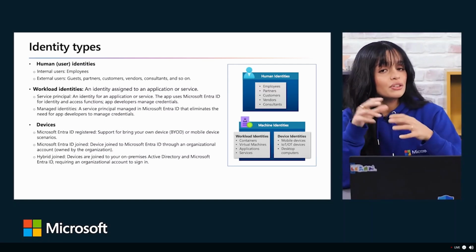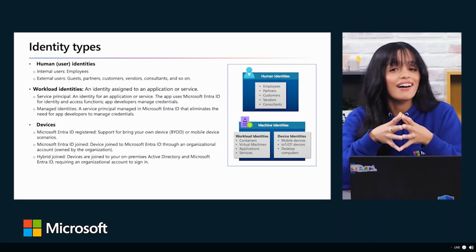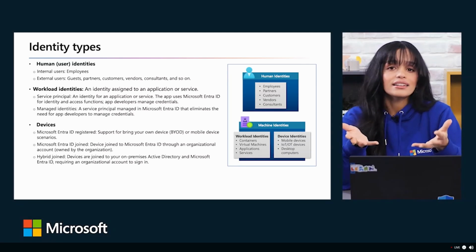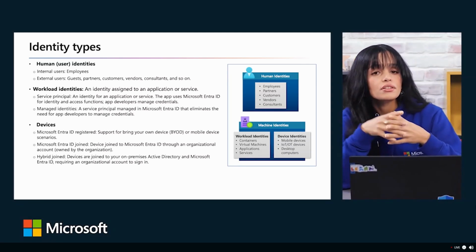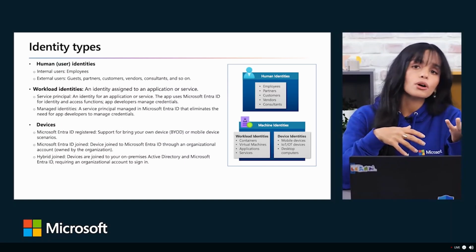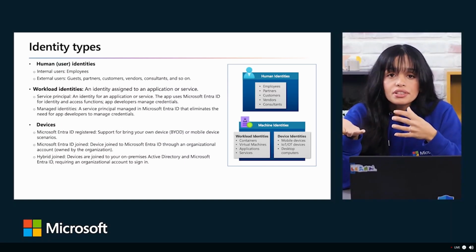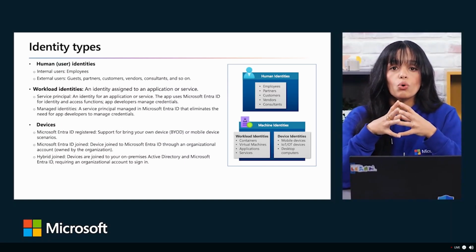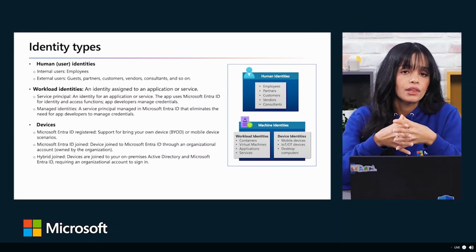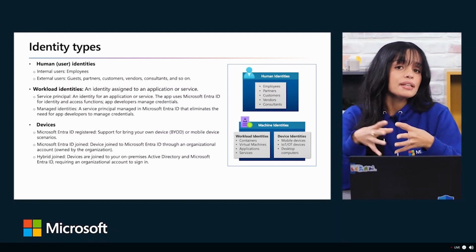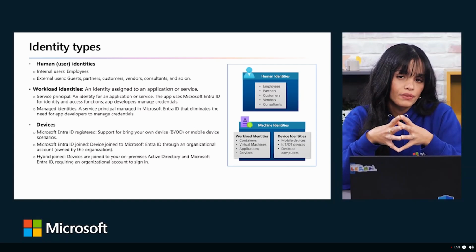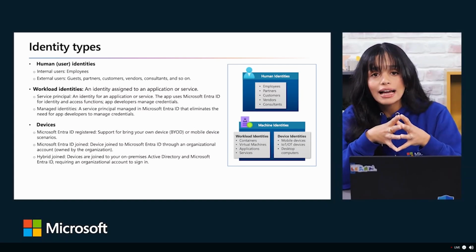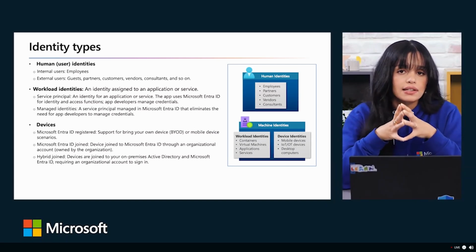The third category that you can assign identities to is physical devices, such as mobile phones, desktop computers, IoT devices, or any other devices. Device identities can be set up in different ways in Microsoft Entra ID. We have the Microsoft Entra ID registered devices.